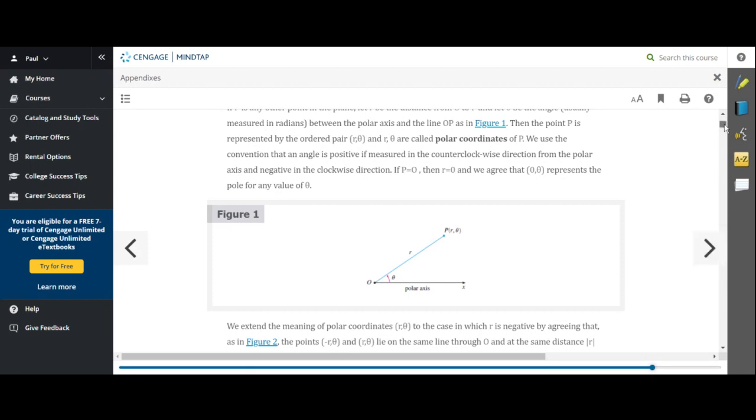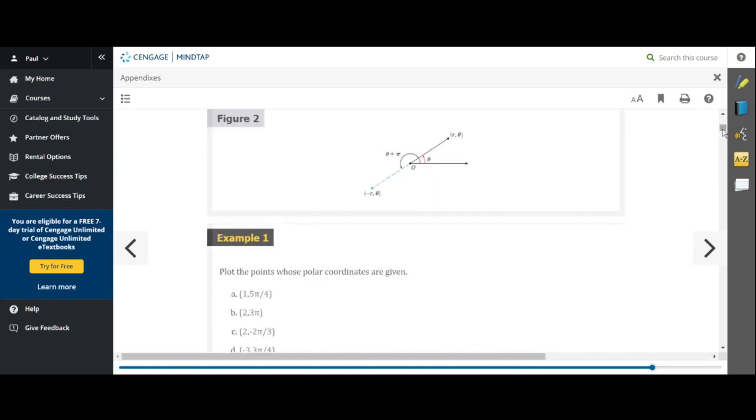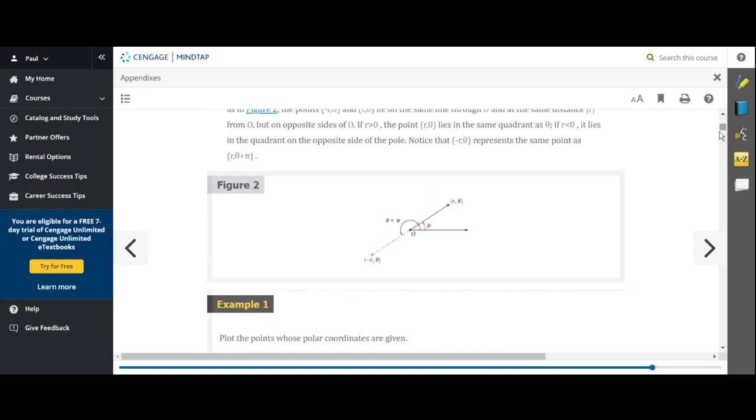All right, well, let's move down a little bit here. In figure 2, what they have drawn are two polar coordinates. One polar coordinate is r, theta. The other polar coordinate is negative r, theta. So take a look at that, and let's see if we can make sense of what's going on here.